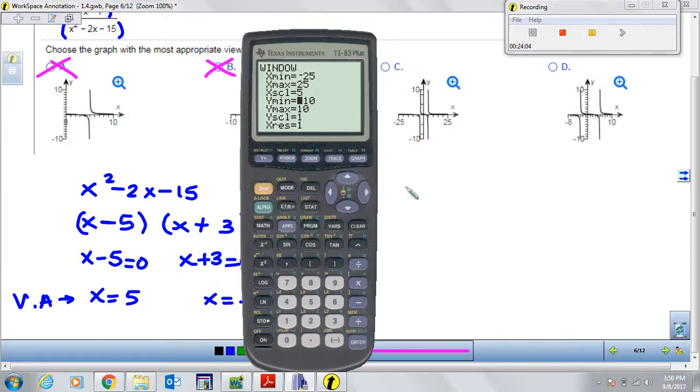Now for the y-axis is negative 10 to 10, and they're also not going 1 by 1. If you see, what is it that they're going by? Are they going by 5? They're not going by 5 because negative 10, they're saying it's all the way down here.